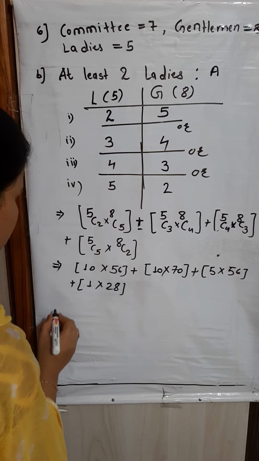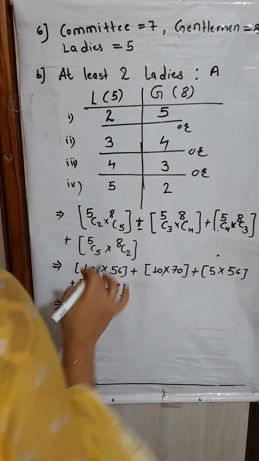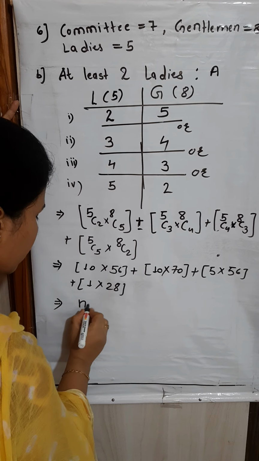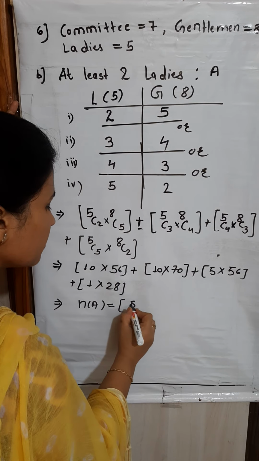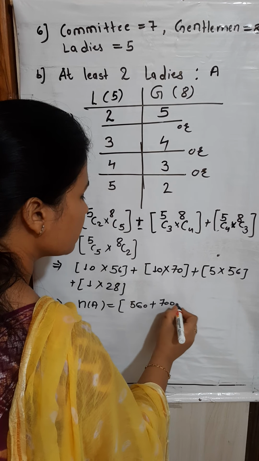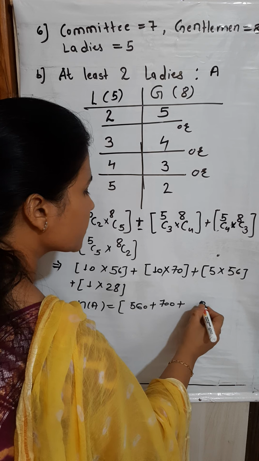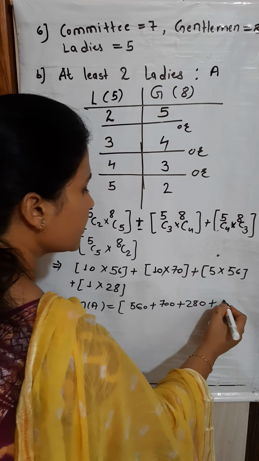Okay, now take the sum. This whole thing we are solving for the favorable outcomes of A, meaning n of A. So what is the value of n of A? It is 560 plus 700 plus 280 plus 28.